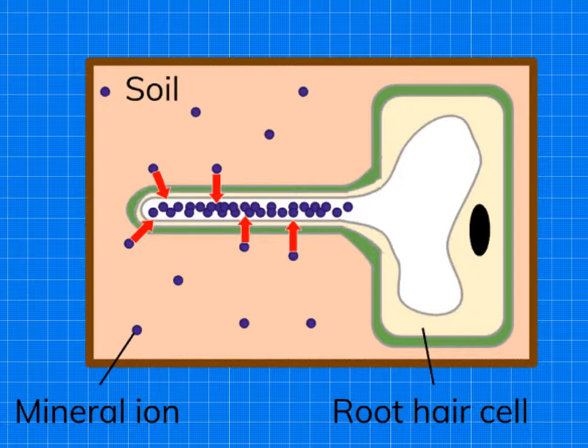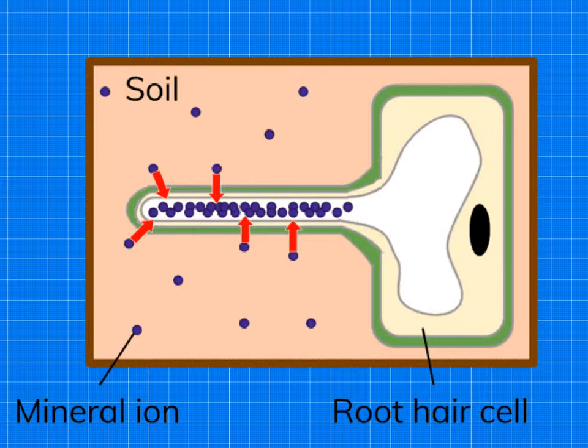So these mineral ions can be absorbed against the concentration gradient into the root hair cell. This allows the movement of important molecules into an organism.